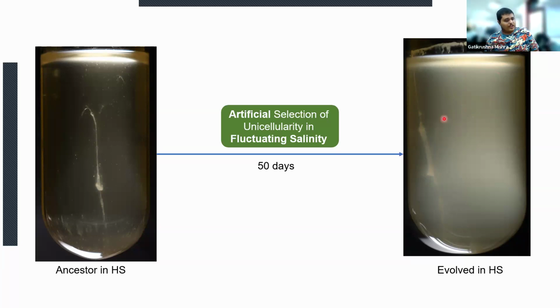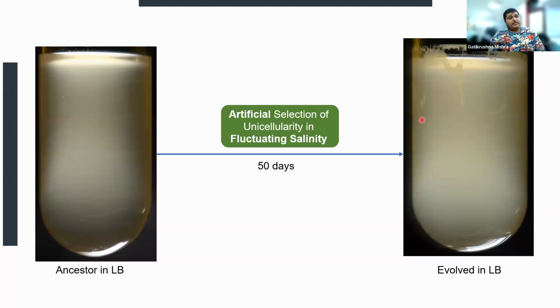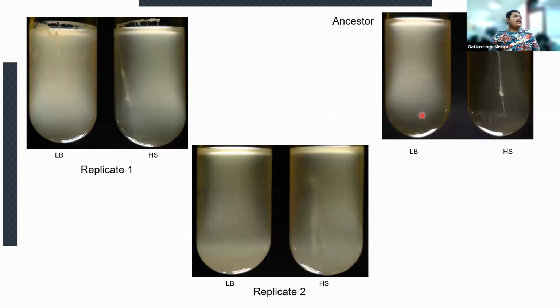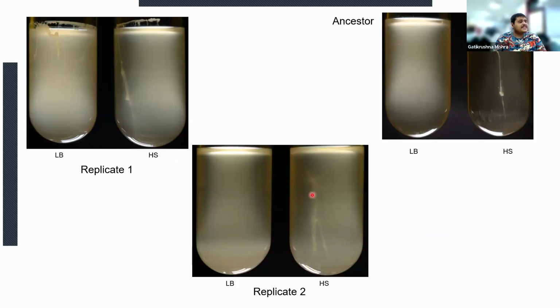They can grow unicellularly better than the ancestor. But they could also become multicellular in LB. Very, very surprising. And this is across replicates. I am yet to take pictures of multiple replicates, but it is very symmetric across replicates, unlike many other regimes. And this is the FU regime.